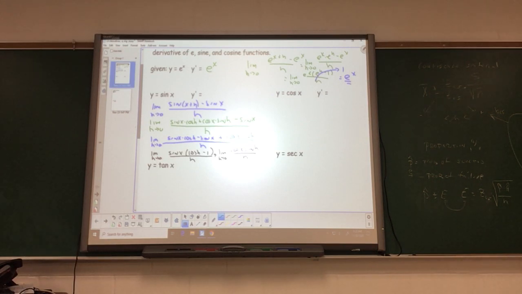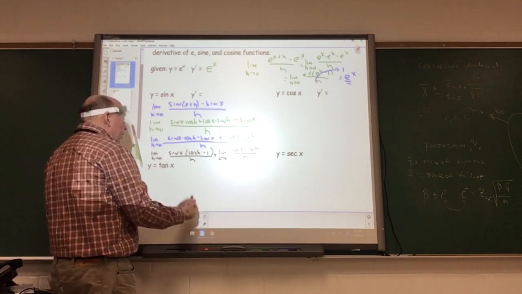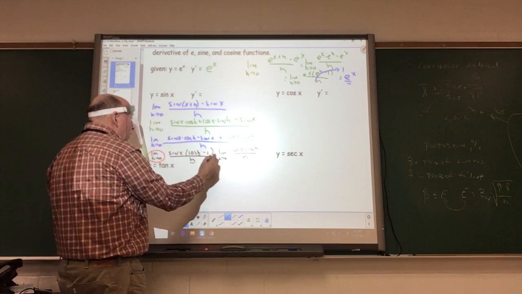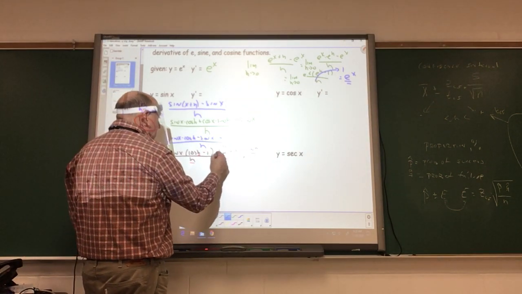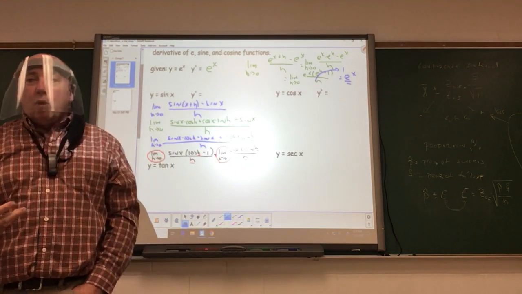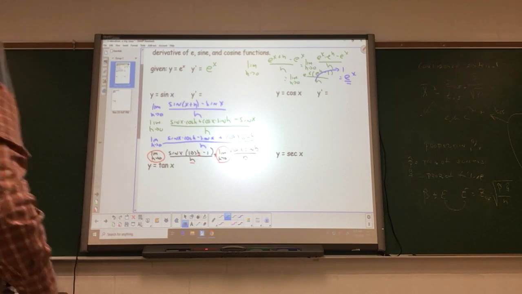The sine of x and the cosine of x have nothing to do with h. Both of these deal with as h is approaching 0. So those are the only things I worry about in regards to taking limits. So the sine of x can come out front, and the cosine of x can come out up front.